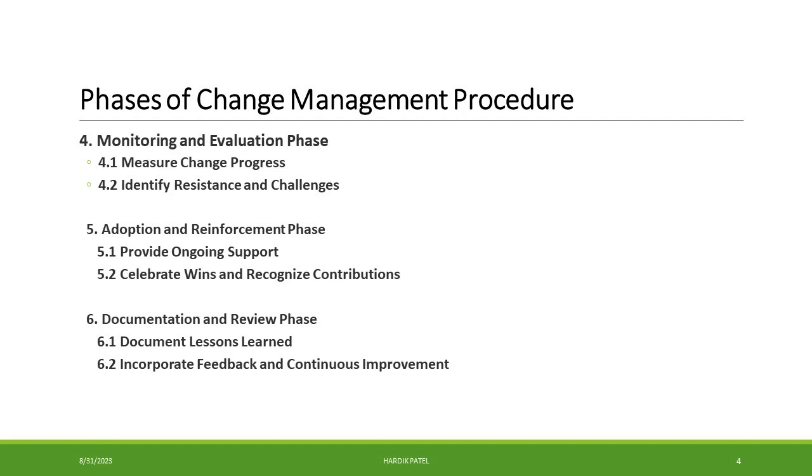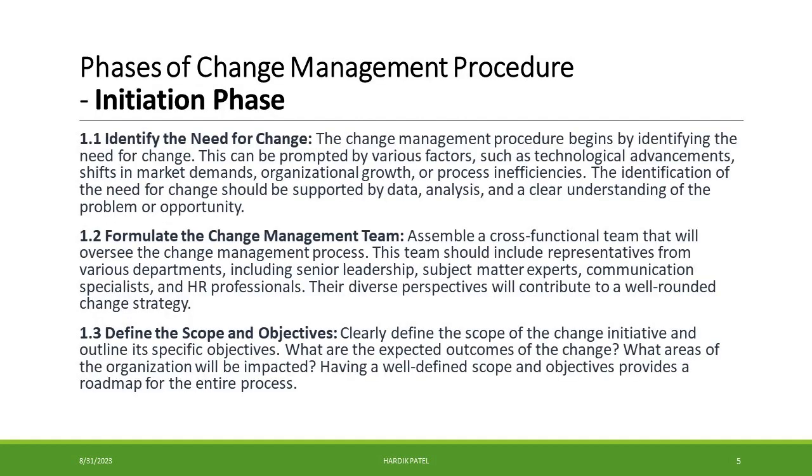The fifth phase is called the adoption and reinforcement phase, which consists of provide ongoing support and celebrate wins and recognize contributions. The last phase is called the documentation and review phase, which has document lessons learned and incorporate feedback and continuous improvement. Let's discuss all the phases in detail.